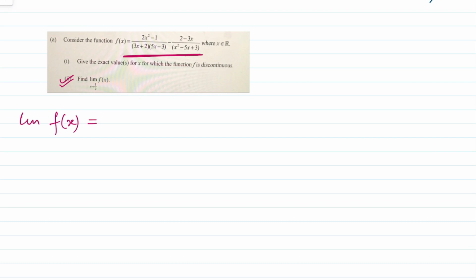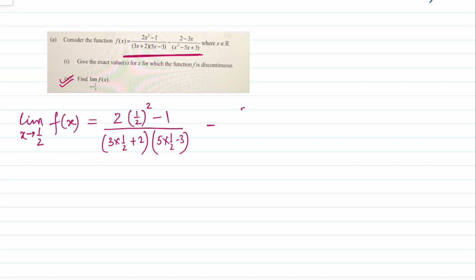So we are finding the limit as x tends to half of f(x), which is 2 times half squared minus 1, over (3 times half plus 2)(5 times half minus 3), take away (2 minus 3 times half) over (half squared minus 5 times half plus 3).